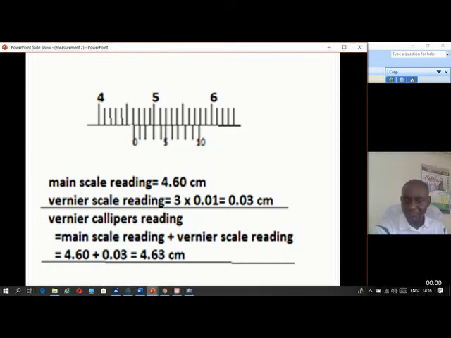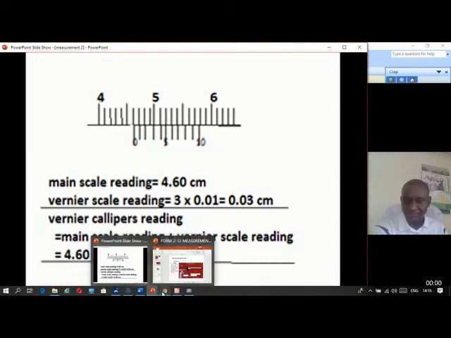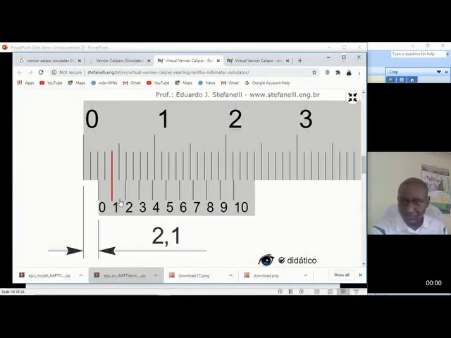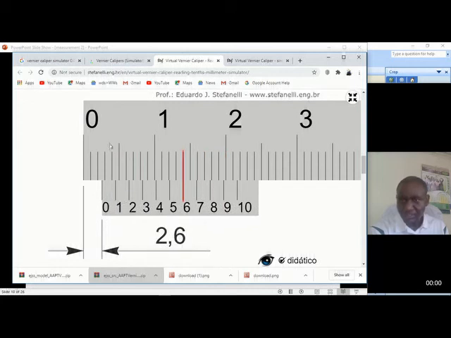We'll take another example here. This is 0.2. Which division coincides? The sixth division. So the answer will be 0.26.